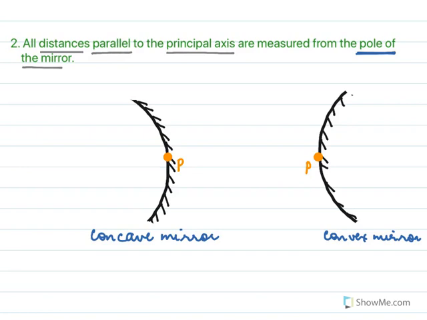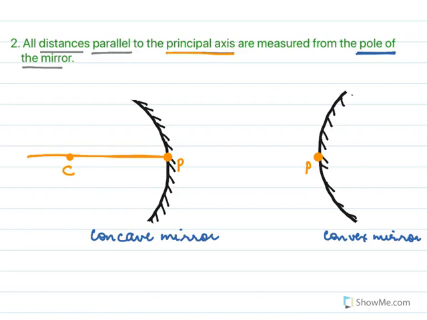Now let us see what is the meaning of principal axis. For the principal axis, first we have to mark the center of curvature. So this is the center of curvature, and the line that passes through the center of curvature and the pole is called the principal axis.